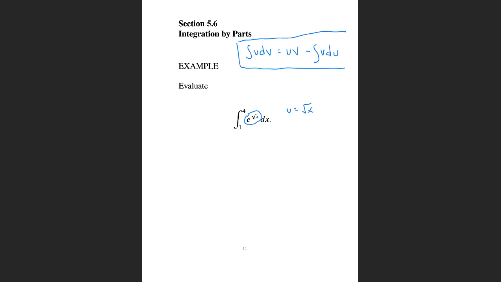So far the problems you've seen are pretty much either a substitution or an integration by parts, although I've shown you a substitution followed by integration by parts. But this problem here, you will not be able to get without a substitution.